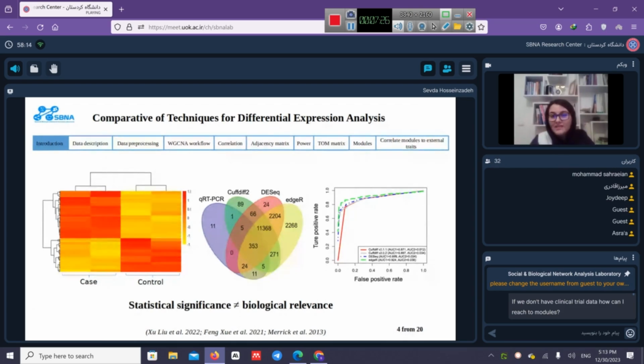But the results of these three software packages aren't overlapping and aren't the same, and there is a difference between these results. And on the other hand, statistical significance isn't completely equal to biological relevance.